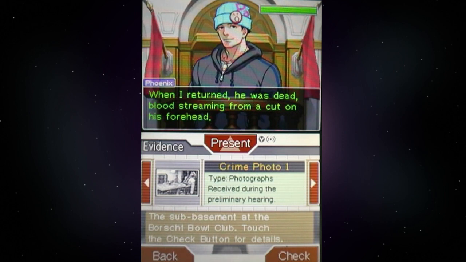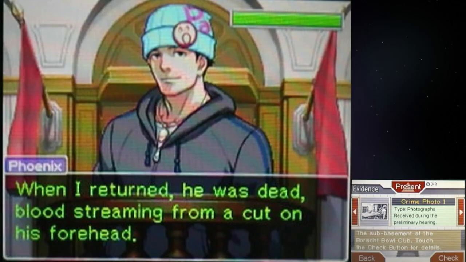I spent some time trying to figure out what the evidence would be for this, which I basically rage quit on last time. And after a lot of time, I finally looked up the tutorial and then realized why. You see, when I returned, he was dead. Blood was streaming from a cut on his forehead. Now I thought, sure, there was no blood.